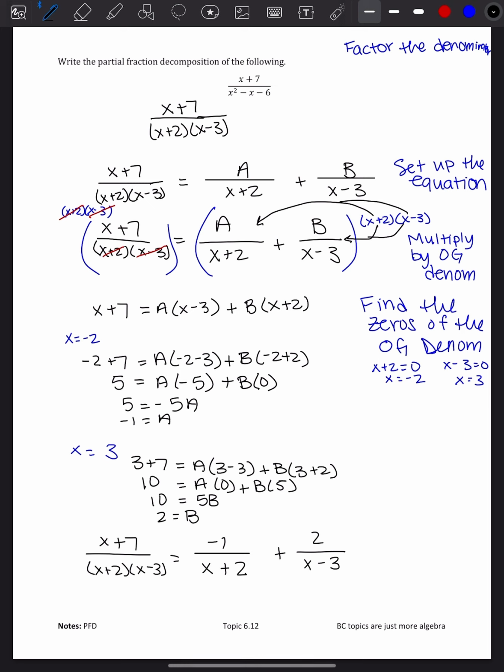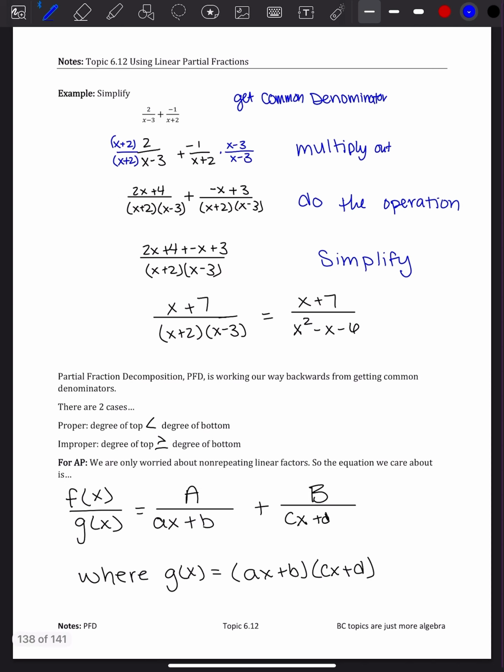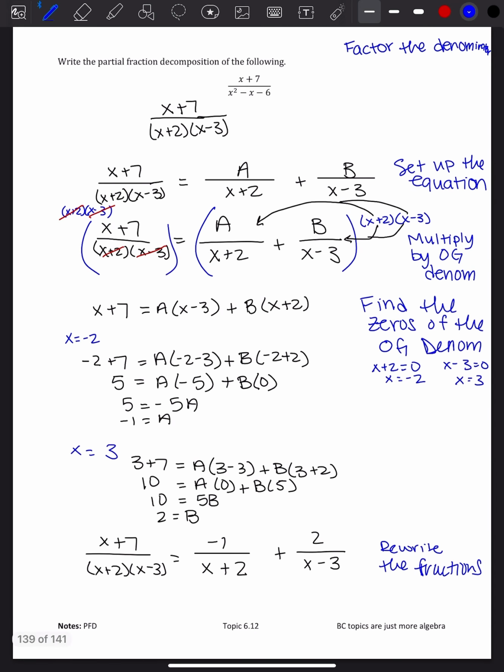So this is where we rewrite our fractions. If we look at the front, 2 goes with the x minus 3, negative 1 goes with x plus 2. Ours is just backwards because we wrote the other factor first. So not a big deal, and we get our answer.